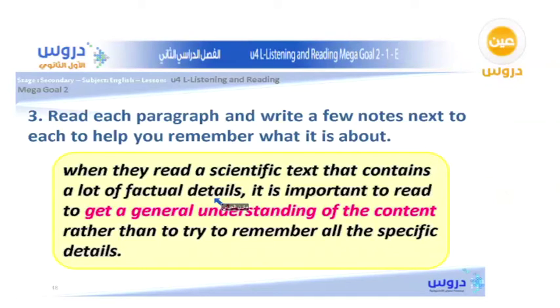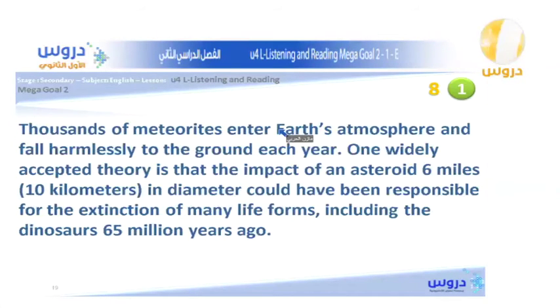Thousands of meteorites enter Earth's atmosphere and fall harmlessly to the ground each year. One widely accepted theory is that the impact of an asteroid 6 miles, that is about 10 kilometers, in diameter could have been responsible for the extinction of many life forms, including the dinosaurs 65 million years ago.